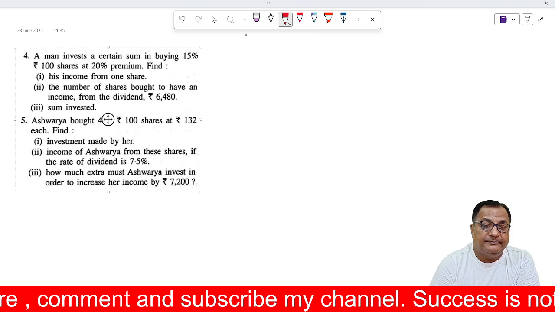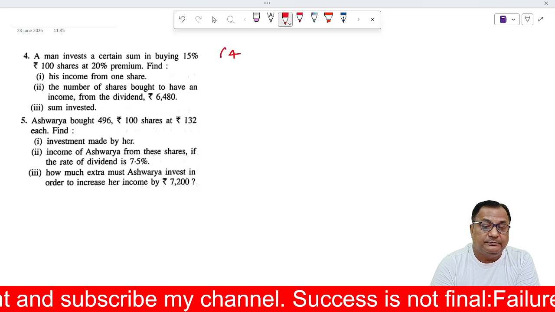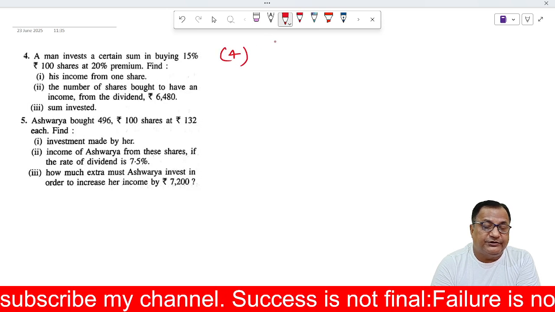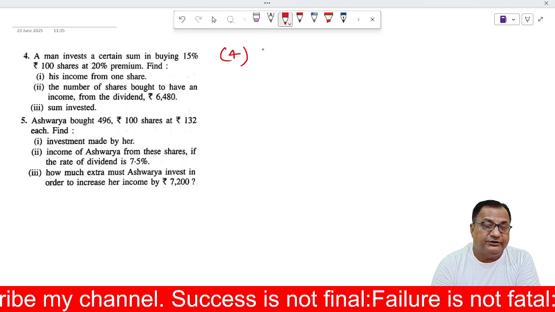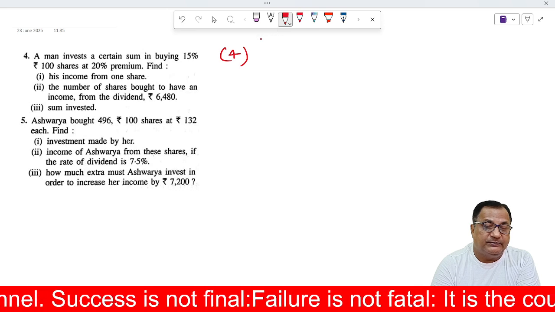Question number 4. A man invests a certain sum in buying 15% rupees 100 shares at a 20% premium.